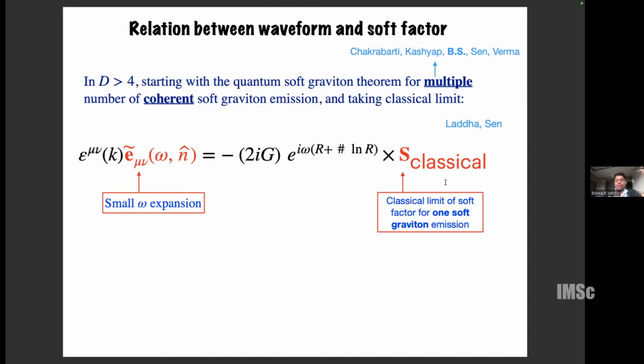So once you know this single soft graviton emission soft factor and can find the classical limit, you can use this formula to read off the low frequency expansion of the gravitational waveform.